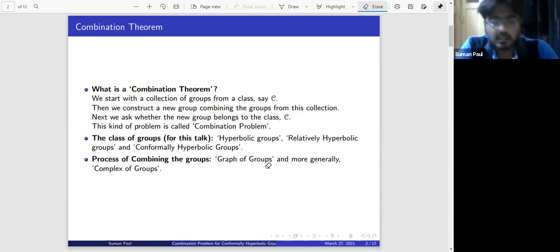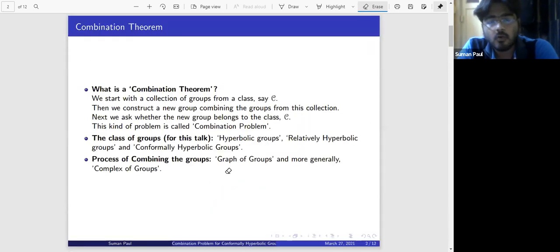In this talk, as I mentioned earlier, I will define hyperbolic groups, relatively hyperbolic groups, and conformally hyperbolic groups. And in the second lecture, I will define what is graph of groups and elaborately discuss this combining of groups. Okay, so let's start.